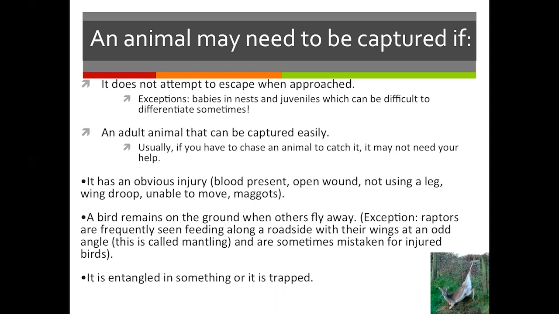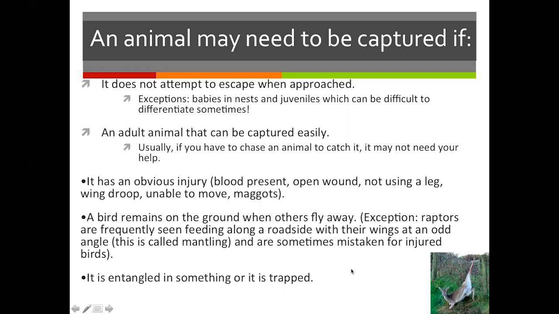Keep that in mind. But then there are these obvious injuries on animals where you may still see blood, open wounds, a limb that is not used, a wing that is drooping, or bones protruding, or an animal that is not able to move. A rather small but serious injury is maggots. Wounds with maggots are also an emergency that do require assistance.